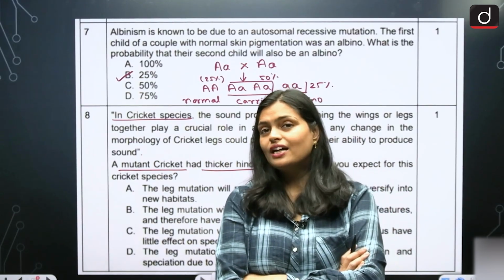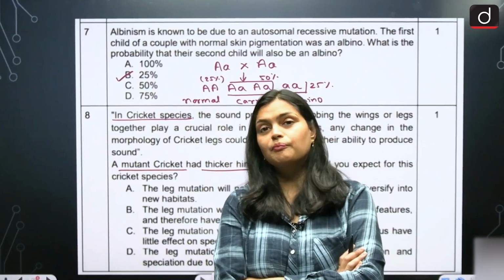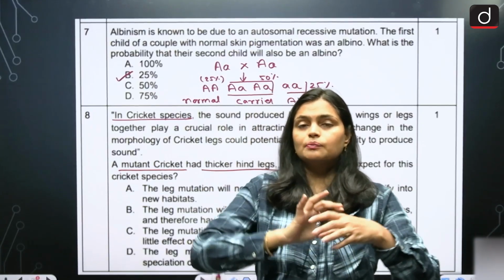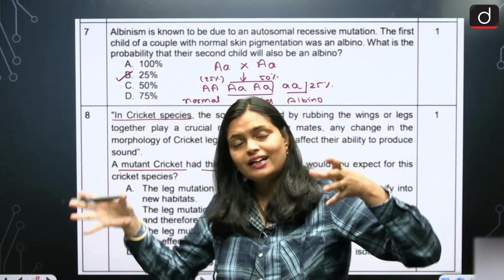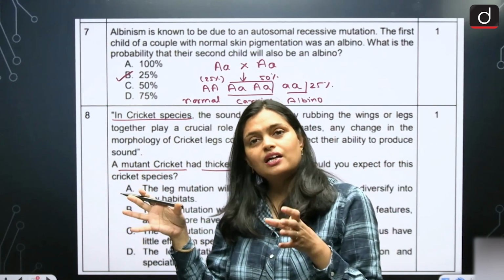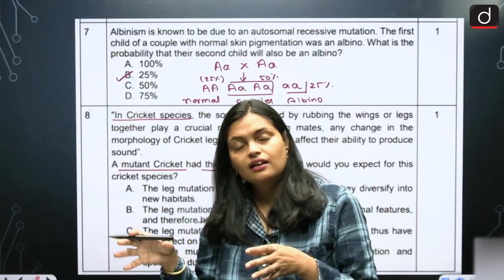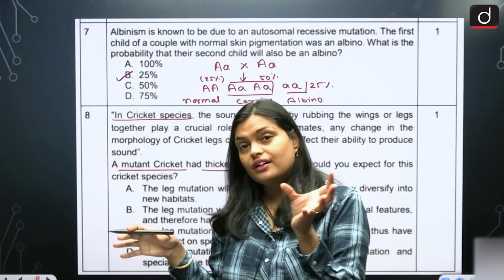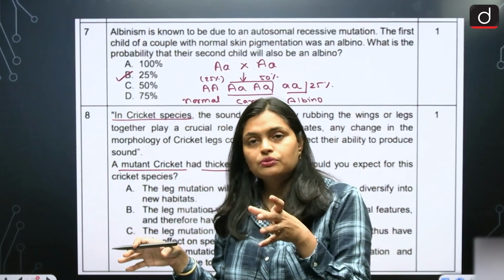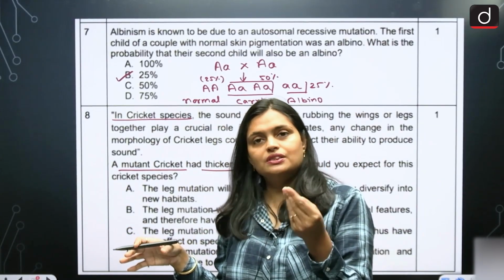So now they are not able to attract their mate. Okay, so अगर suppose करो you have a population of crickets, few crickets become mutant, right? Others are non-mutant, so others can create the sound, attract the mate, reproduce, fertilize and produce their progeny.